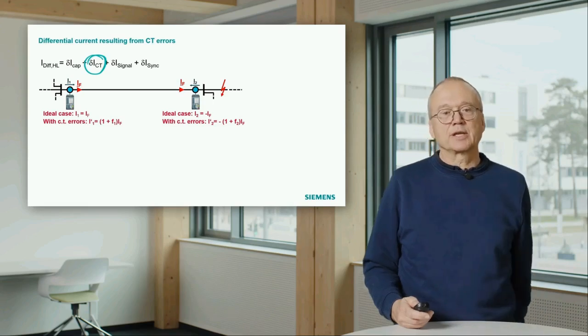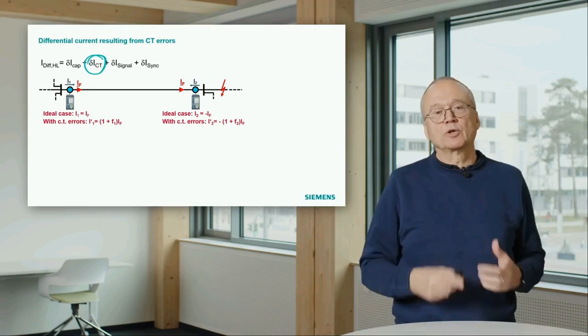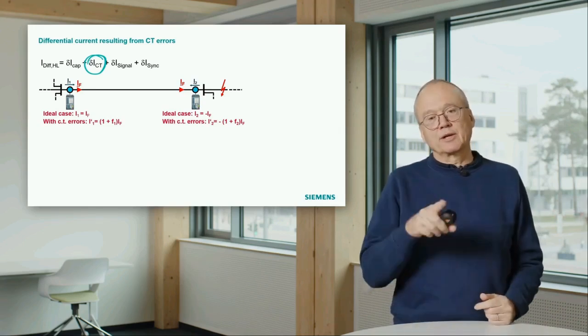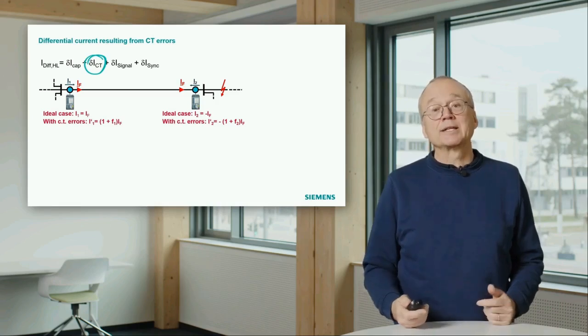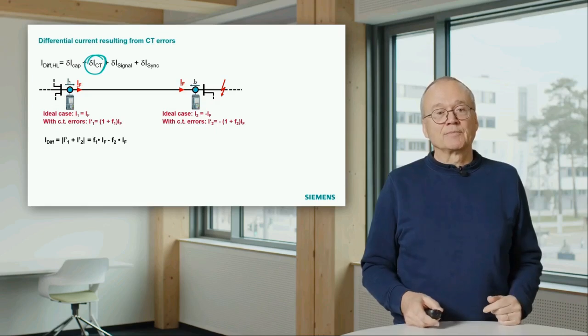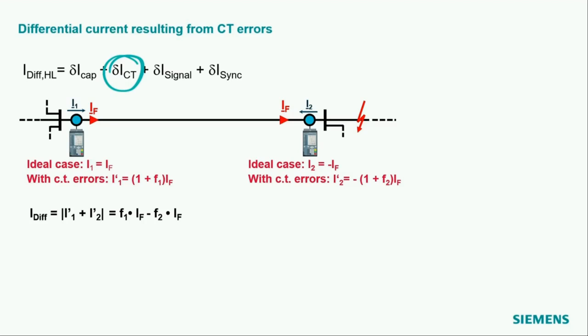In this case, I say we measure 1 plus relative error F1 on the left side multiplied with the fault current, the same on the right side. As long as these measurement errors are identical, that would be the result. The differential current is F1 multiplied with the fault current minus F2, the error on the right side, multiplied by the fault current.